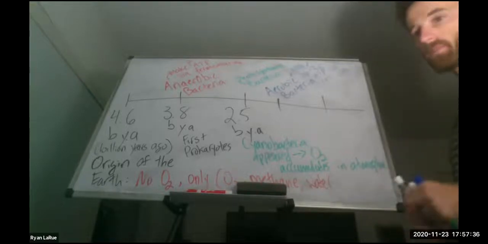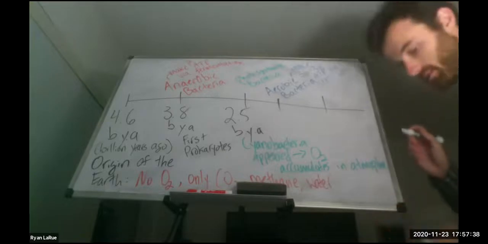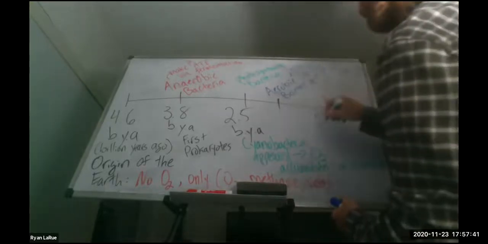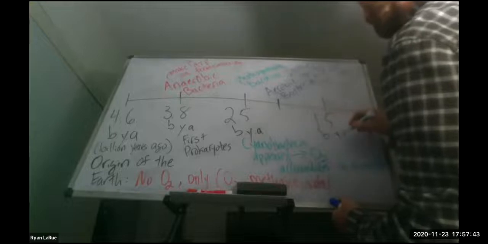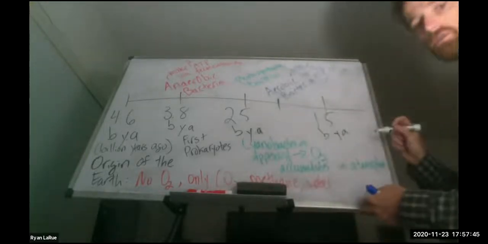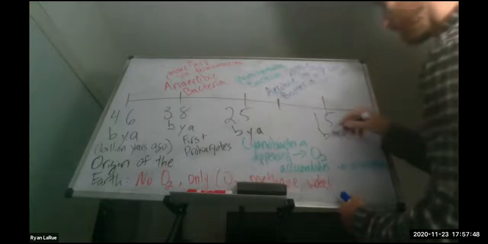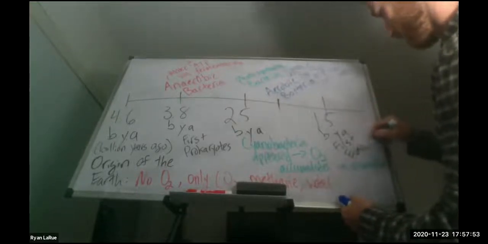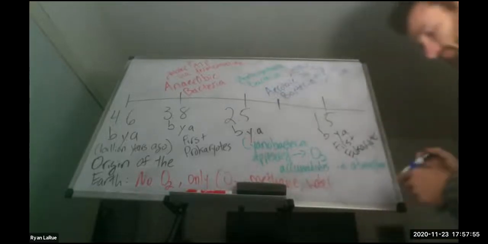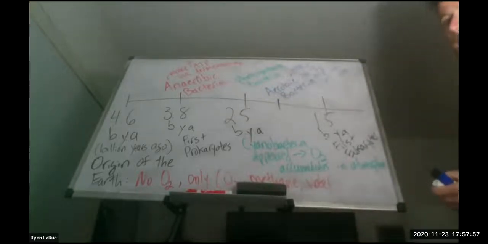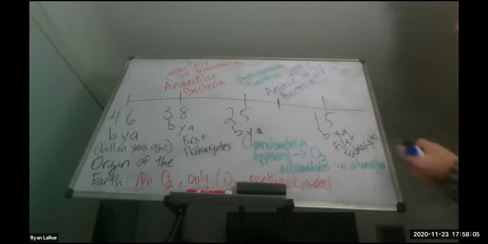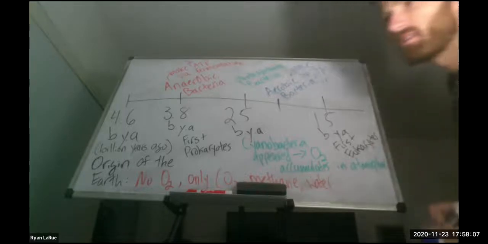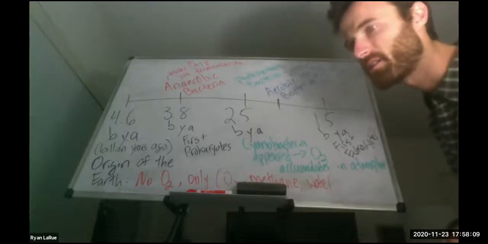So the last event, 1.5 billion years ago, we see the emergence of our first eukaryotes, our first eukaryotic cells. So this is the first eukaryotes. Totally ran out of room, but maybe I'll erase and you can write underneath.